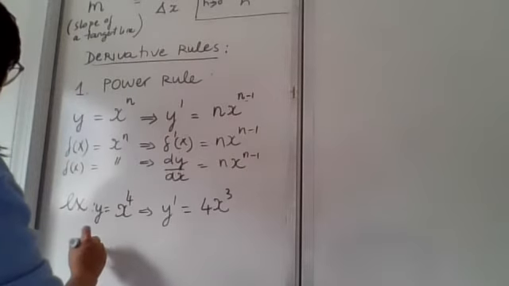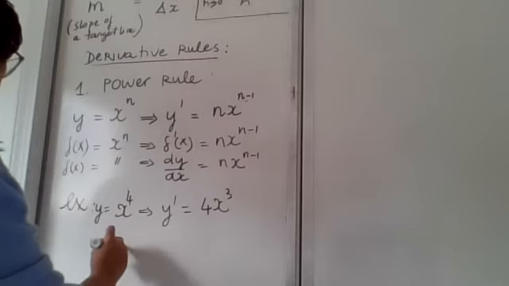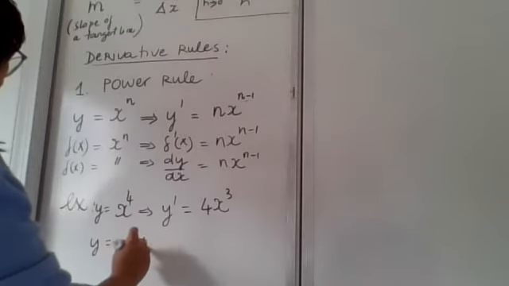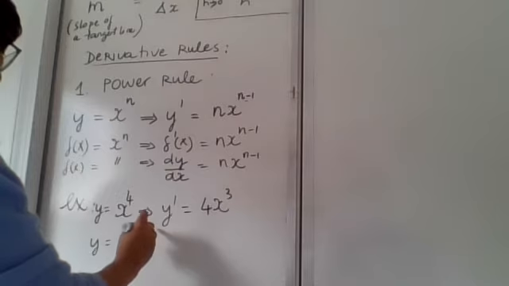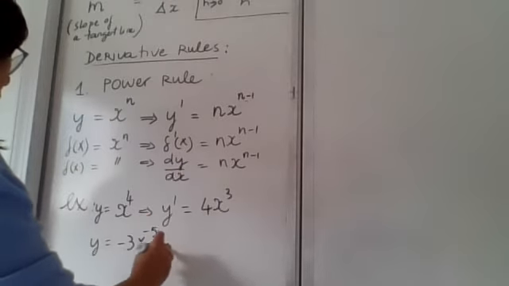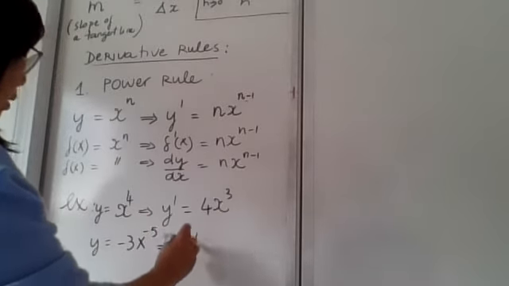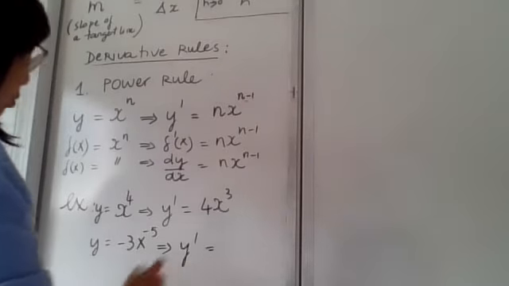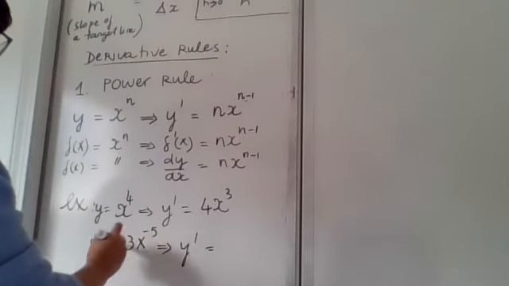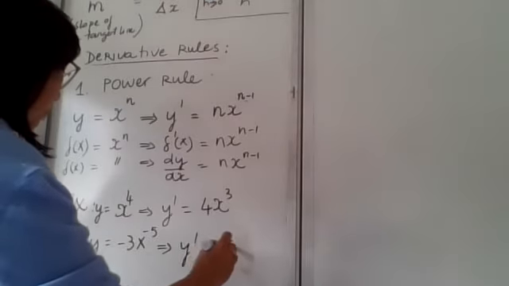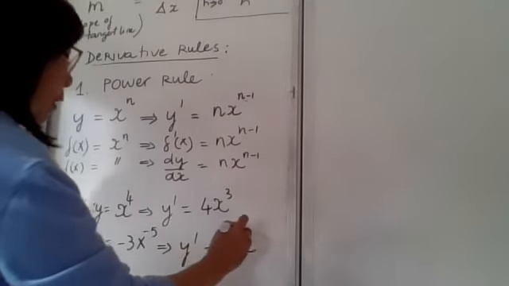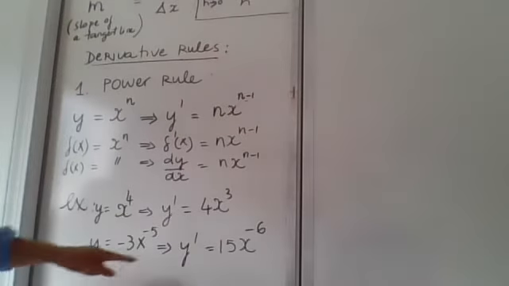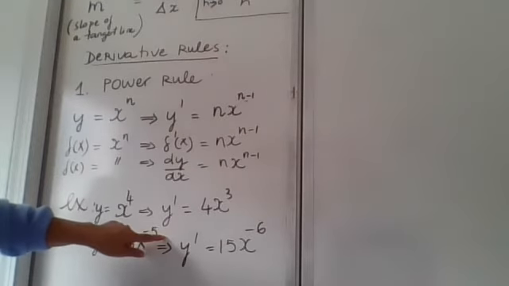Let's give another example. Let's say you have minus 3x to the minus 5. Find the derivative of this. It will be y prime equals, bring the minus 5 down here. So negative 5 times negative 3 will be positive 15. x, instead of minus 5, now becomes minus 6 because we subtract a negative, right?